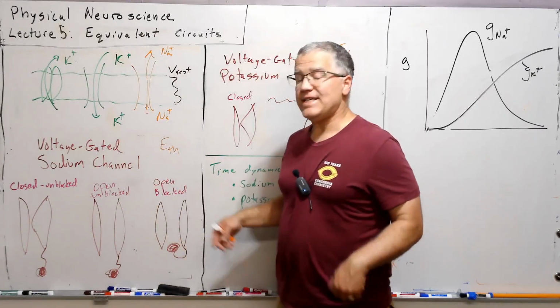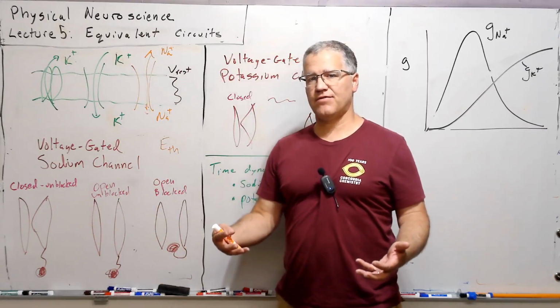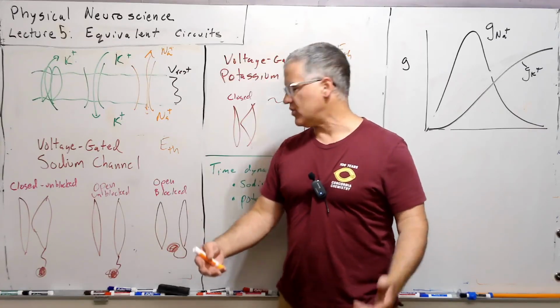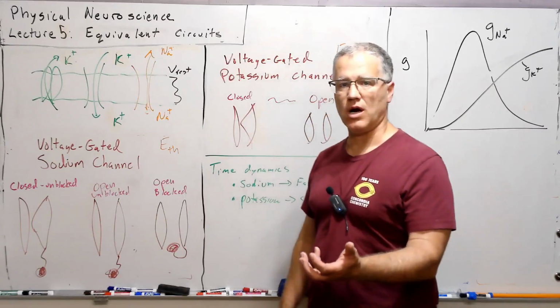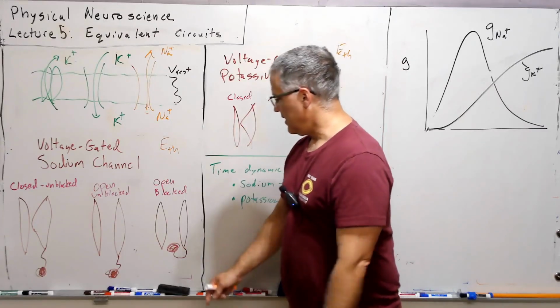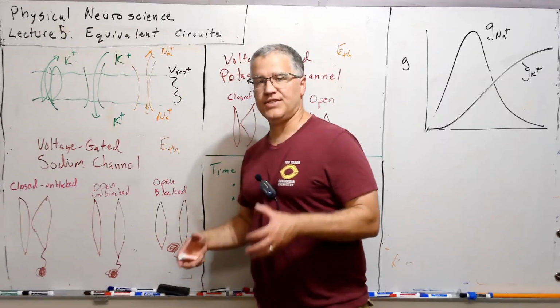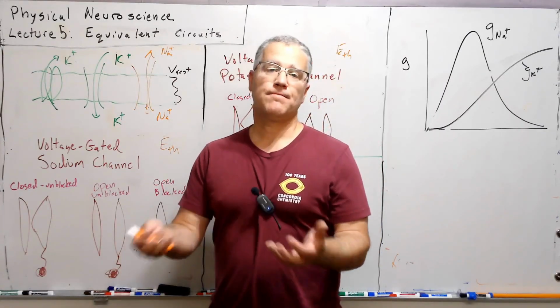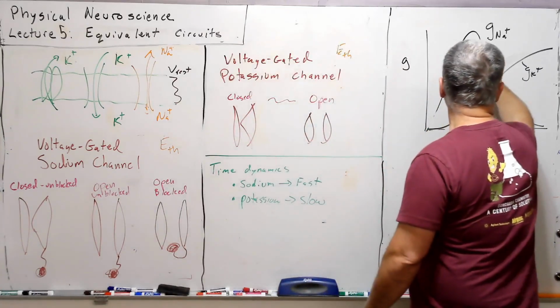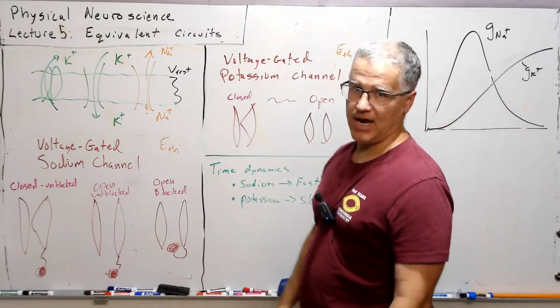Now, if we sustain being above threshold, if we hold the voltage above threshold, then this will find that bottom part of that pore and block it. And although it's in the open configuration, ions can't flow through, and our conductance comes back down.